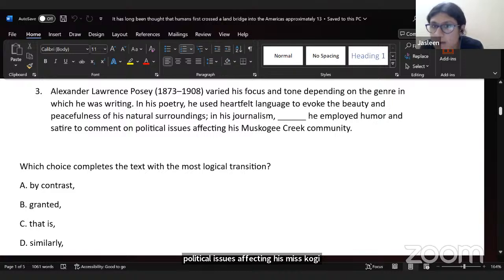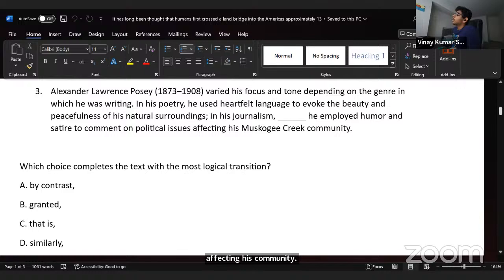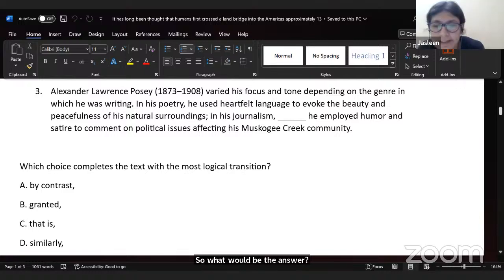Here the idea is contrasting. First, he has used heartfelt language to evoke the beauty and peacefulness of his natural surroundings. But again, he's using the genre called satire, where he's commenting upon the political issues affecting his community. So, what would be the answer? A. Perfect.